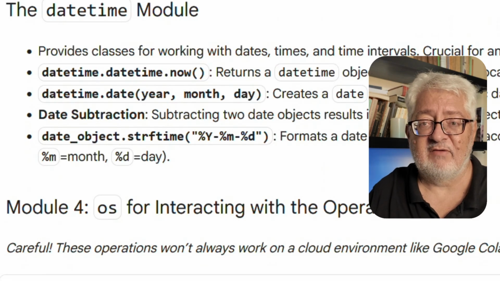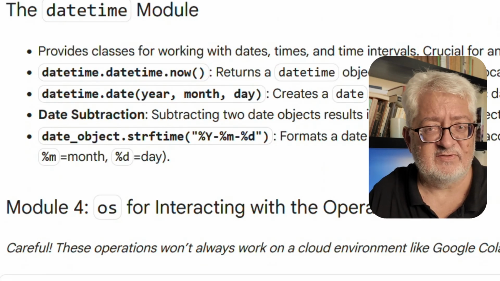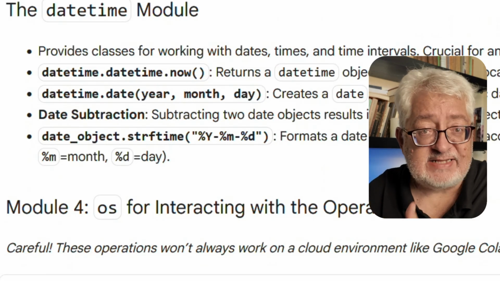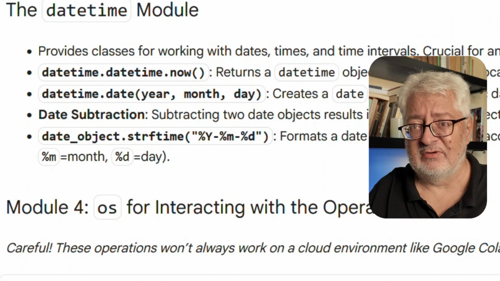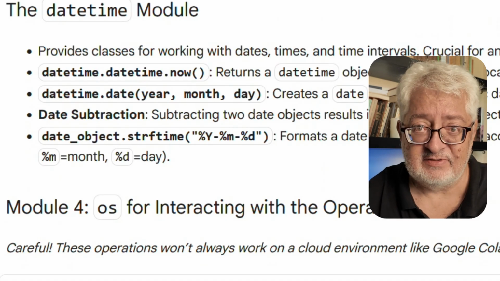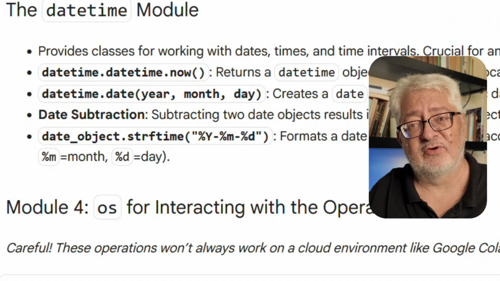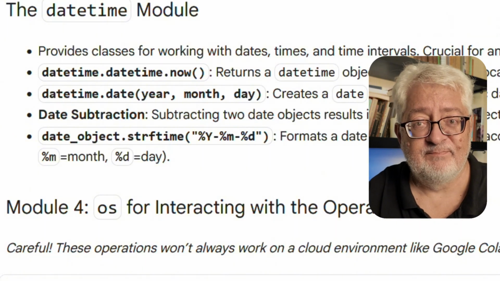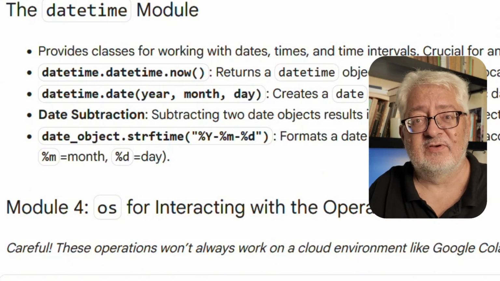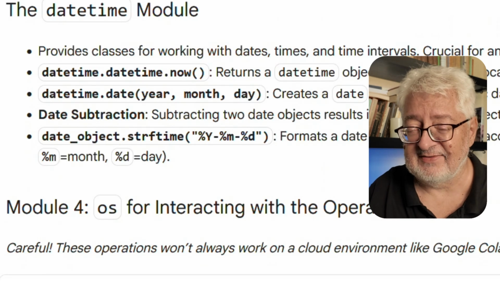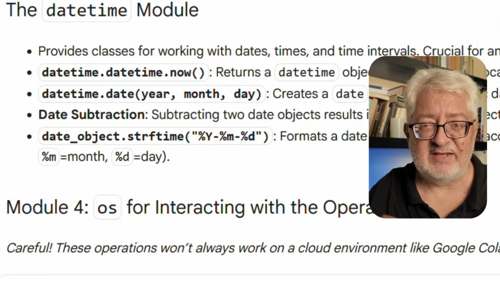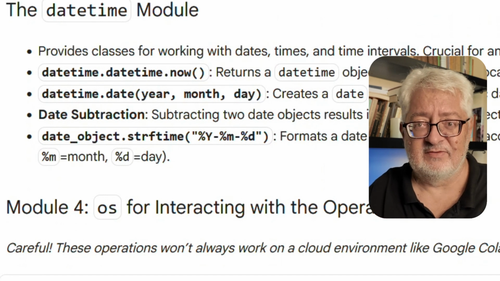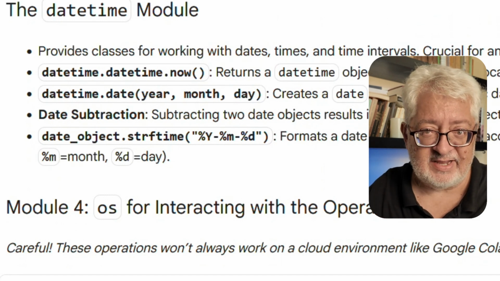You also have to be careful when you're using cloud services like Google Colab. The files you save there are not the same as a local file. For example, Google Colab might make them disappear after a while, depending on your contract, when your session is over. So you have to make sure that you save the data somewhere else. You can save them on your Google Drive or something, but you have to be a little careful about cloud services and the os module.